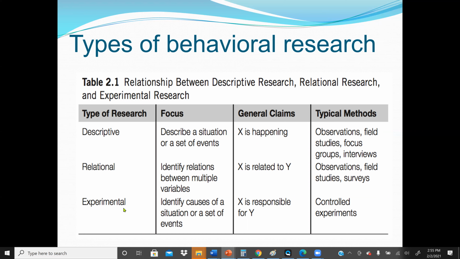Now with experimental, the cause: is X responsible for Y? So we're finding the causal relationship. Here we are 100% sure there's no confounding variable. So this experimental is a controlled experiment. With relational, it can be observation, field studies, or survey. With descriptive, we can use observation, field study, focus group, or interviews also.